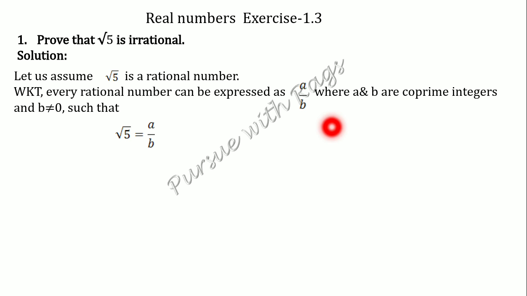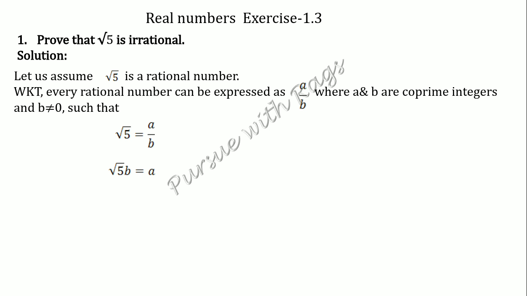Because I have taken A and B as co-prime integers. Clear? So root 5 equal to A by B, where A and B are co-prime integers and B not equal to 0. Now bring the denominator B to the left hand side, so you will get root 5 into B is equal to A.